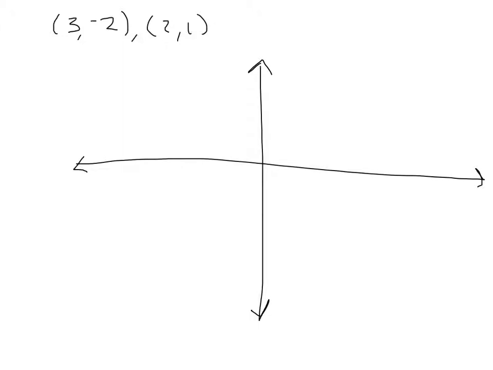To come up with those other points, let's remember that our slope, what do we say our slope is? Our slope is -3, or -3 over 1. So on this graph, this is the y-axis, this is the x-axis, and I'm going to mark off 10 units for each axis.